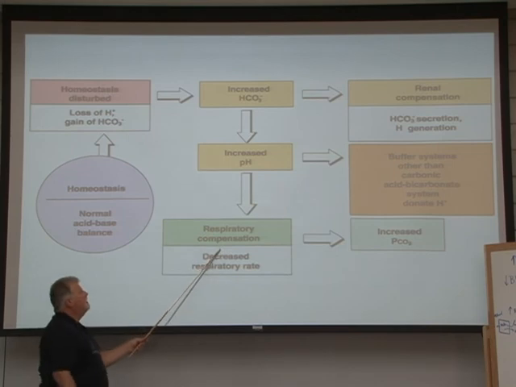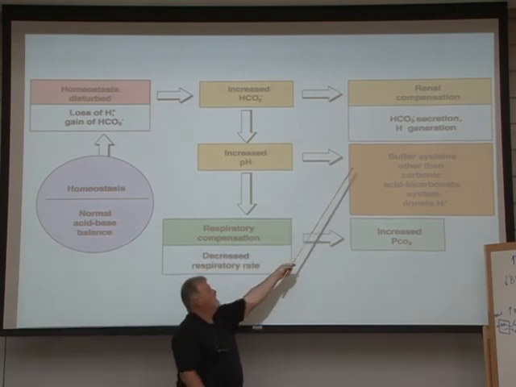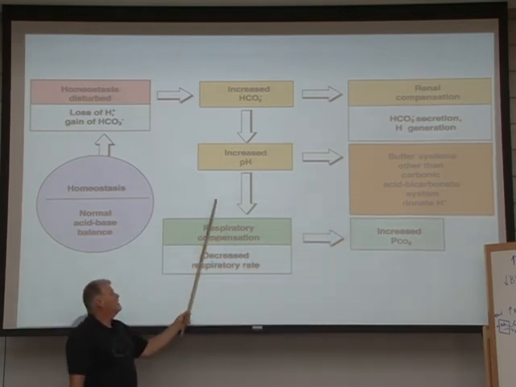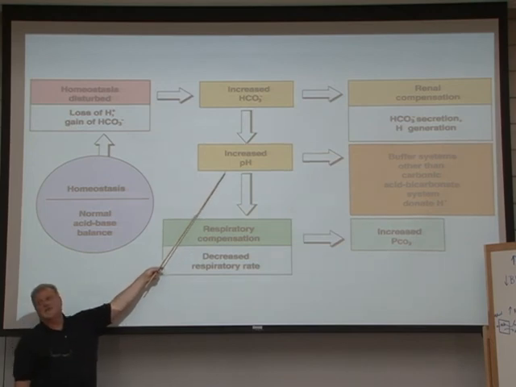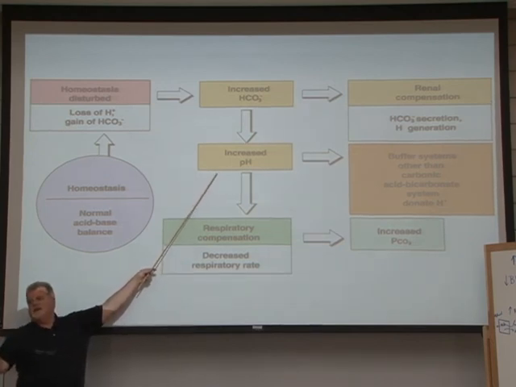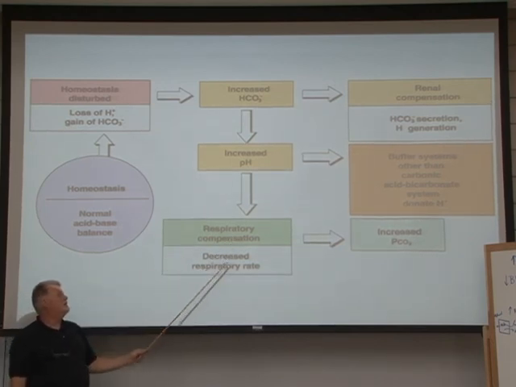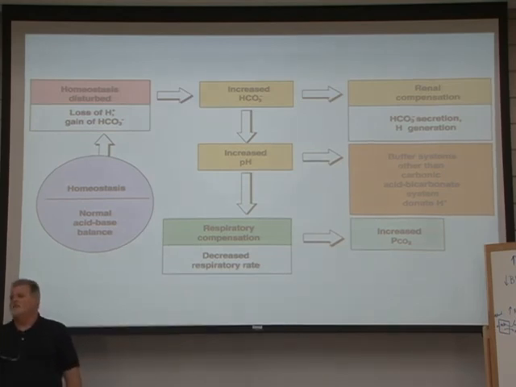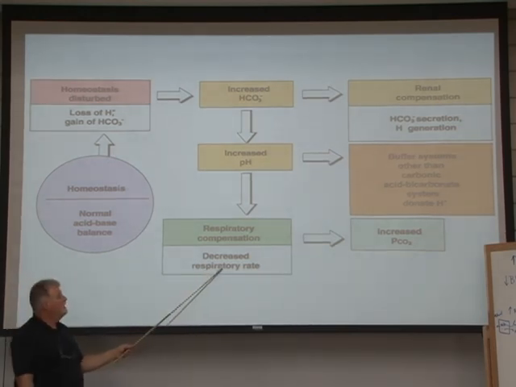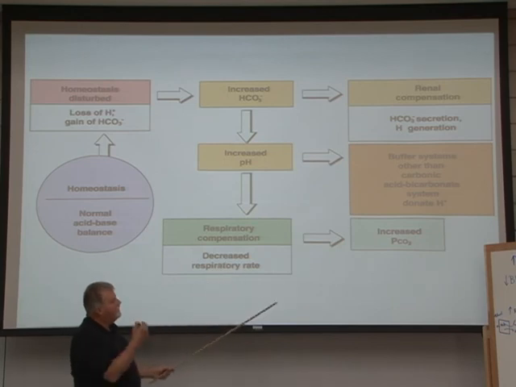So normally the respiratory system would help us, the kidney would help us. The respiratory system, because we're in a state of alkalosis, would want to generate hydrogen ions. The way we generate hydrogen ions is to hypoventilate. Right? If we hyperventilate, we actually lose hydrogen ions. So we would have a decreased respiratory rate.